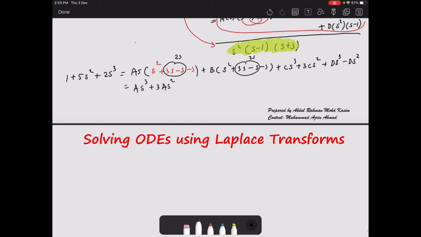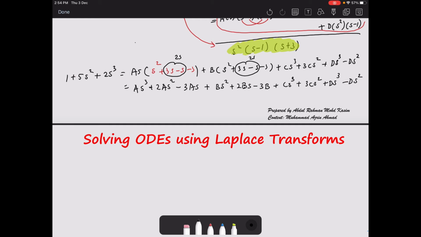So you will have over here basically 2As minus 3As plus Bs squared plus 2Bs minus 3B, and then for this one you just follow 3s cubed plus Cs cubed plus 3Cs squared plus Ds cubed minus Ds squared.